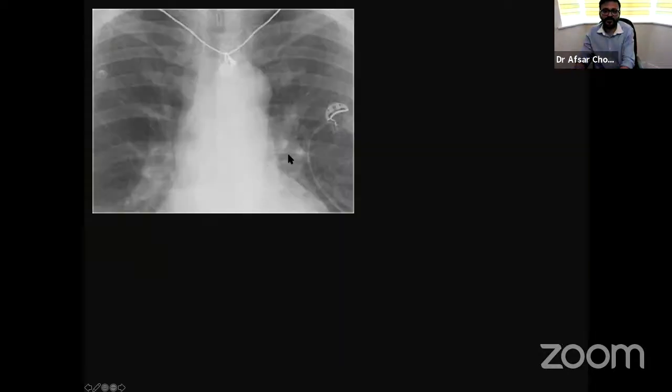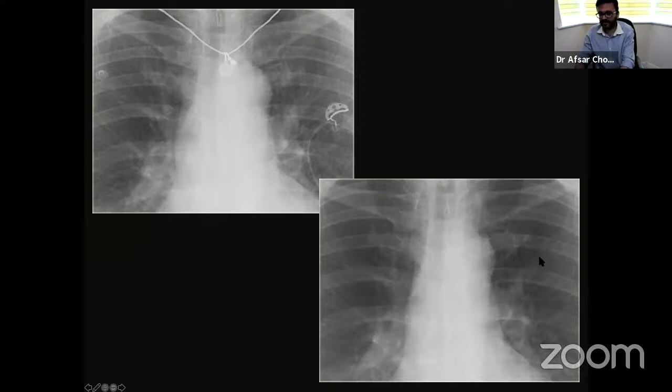As you can see here, there is redistribution of the vessels, and that is clearing with the treatment. In very early pulmonary edema, this could be the only sign. The patient can have cardiomegaly for the underlying heart condition, and early cephalization could be the only sign you see with very early pulmonary edema.